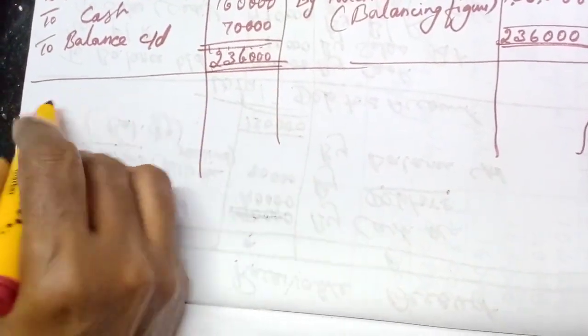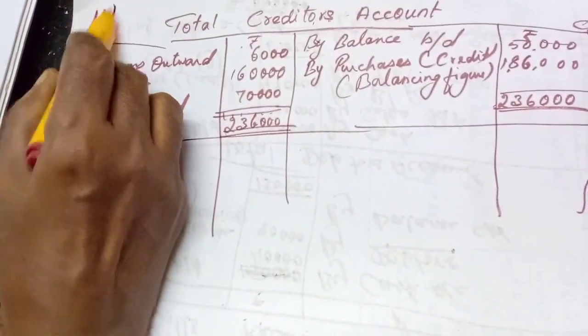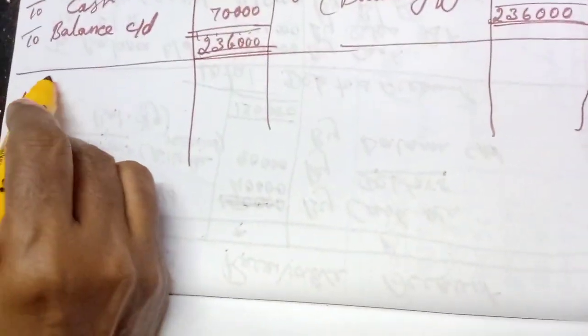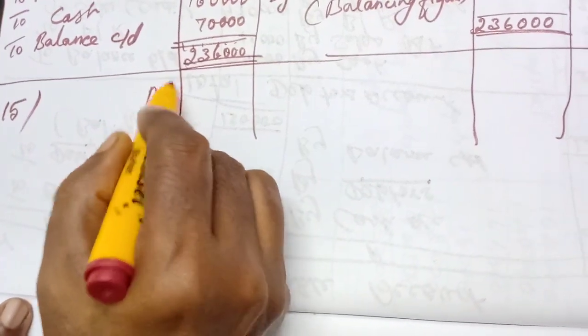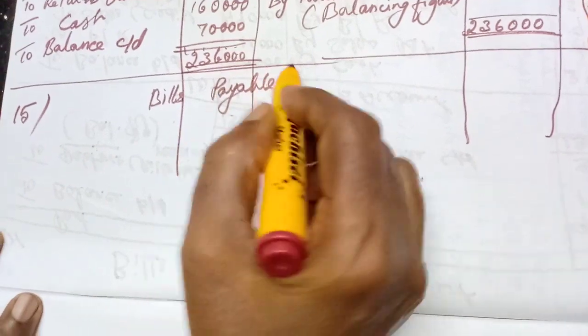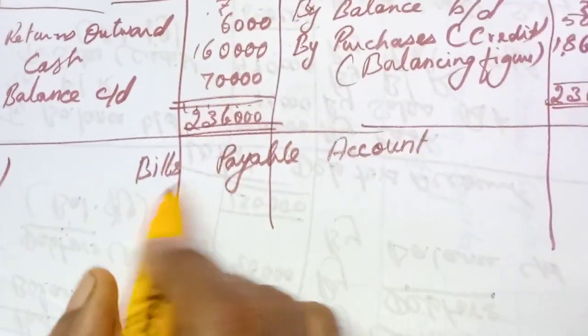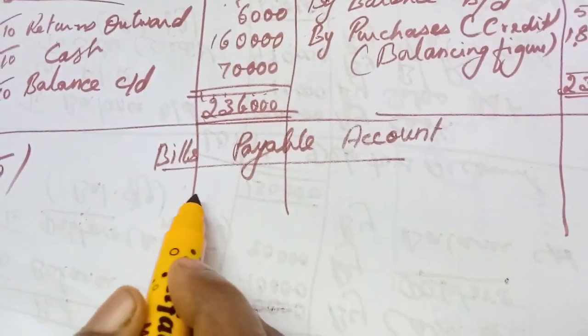We should write the question number first, then the heading. Here illustration 15. First we have to prepare bills payable account, because the items from the bills payable account we have to enter in the total creditors account.